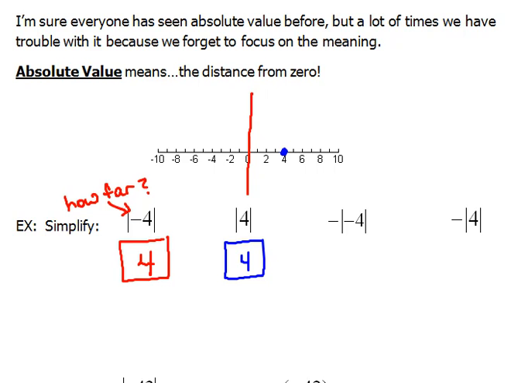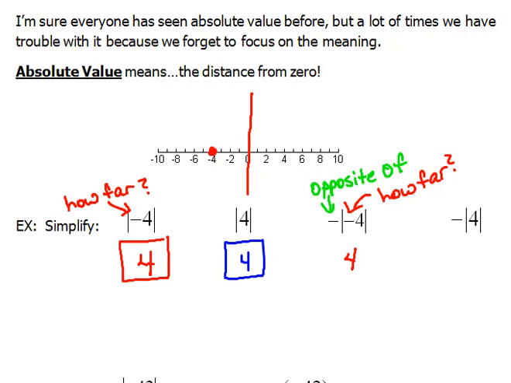But you have to be very careful, because then you get something a little bit more complex looking, and you just say, well, that's just positive. That's not true. You have to be very careful about your order of operations. This literally says the opposite of the absolute value, or how far from 0 is negative 4. Well, negative 4 being here, we've already plotted that once.